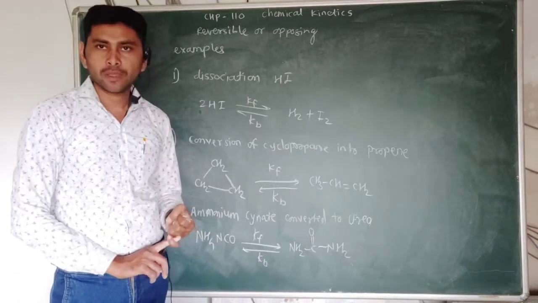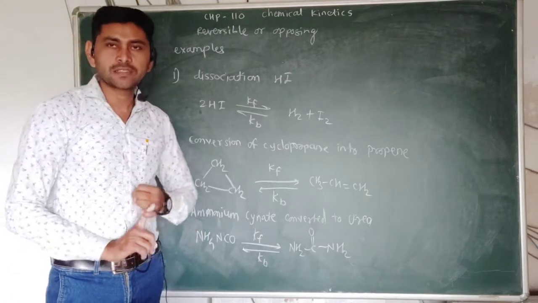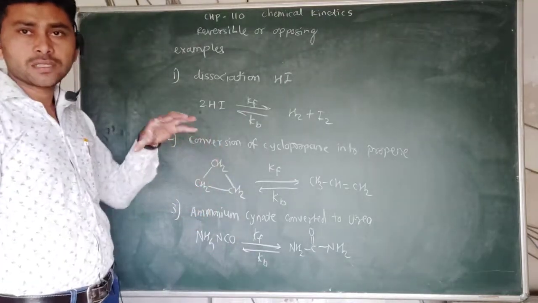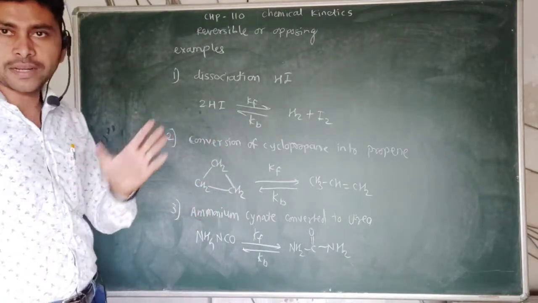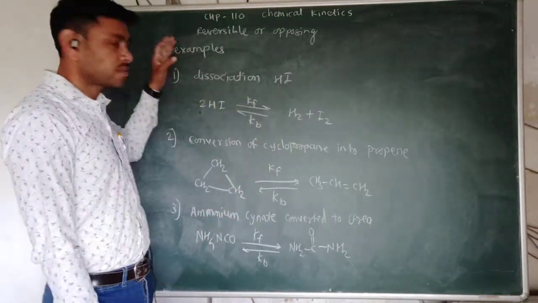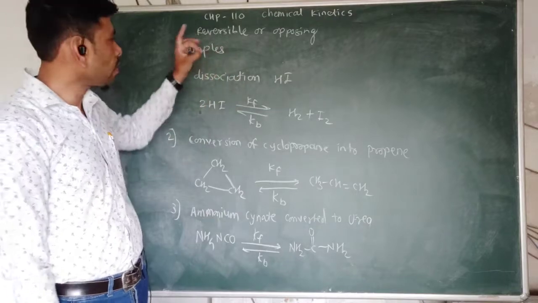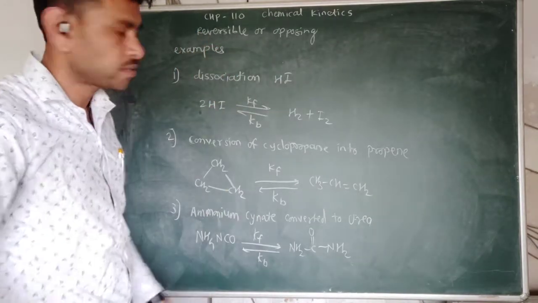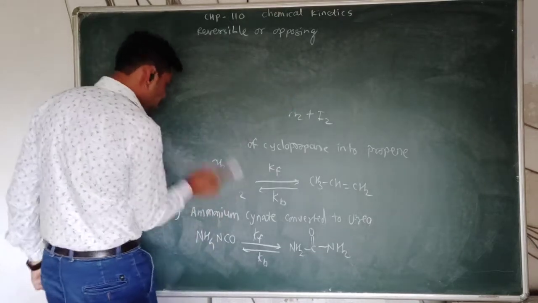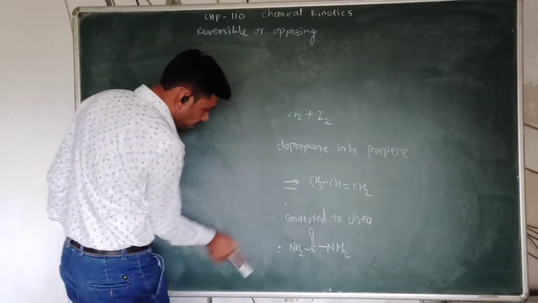So we have finished complex reactions. Complex reactions are reactions in which there are some side reactions accompanying the main chemical reaction. These side reactions are consecutive reactions, parallel reactions, or opposing reactions. So these are the complex reactions. Now we have to study unimolecular reactions.